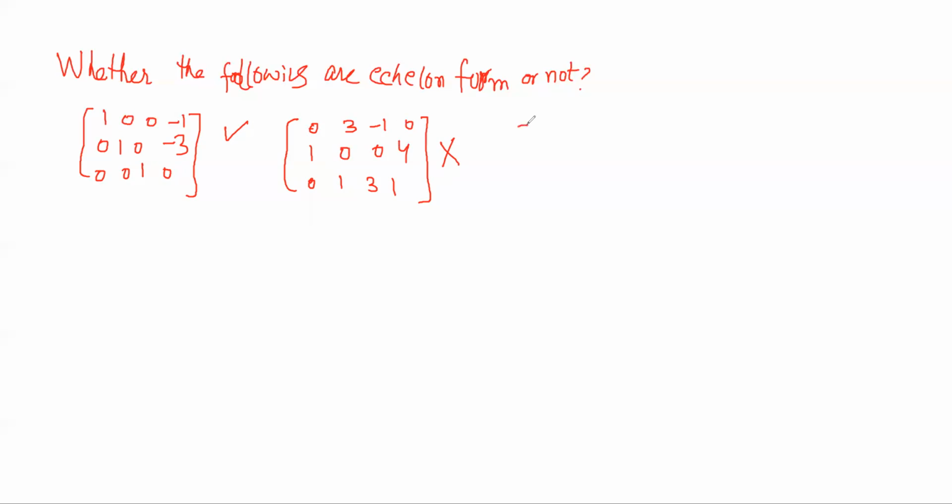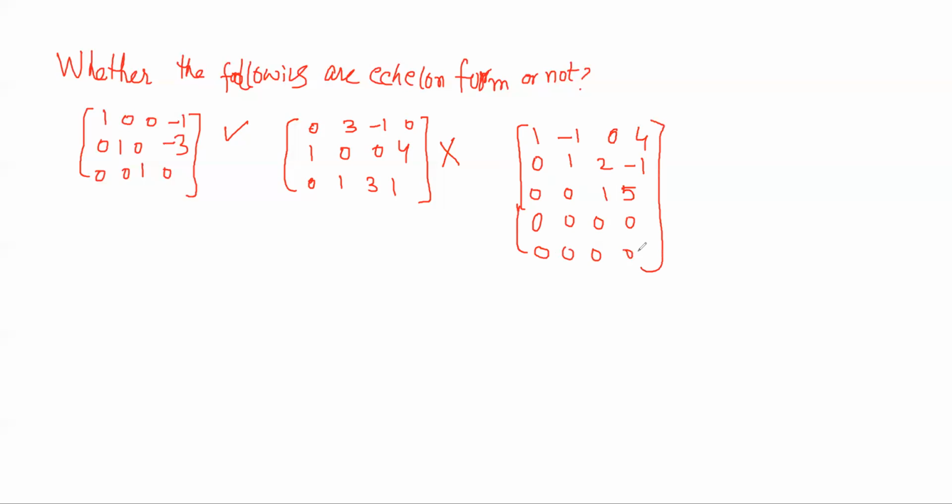Okay, how about this? 1, -1, 0, 4, then 0, 1, 2, -1, then 0, 0, 1, 5, and then two rows of zeros. Is this echelon form?